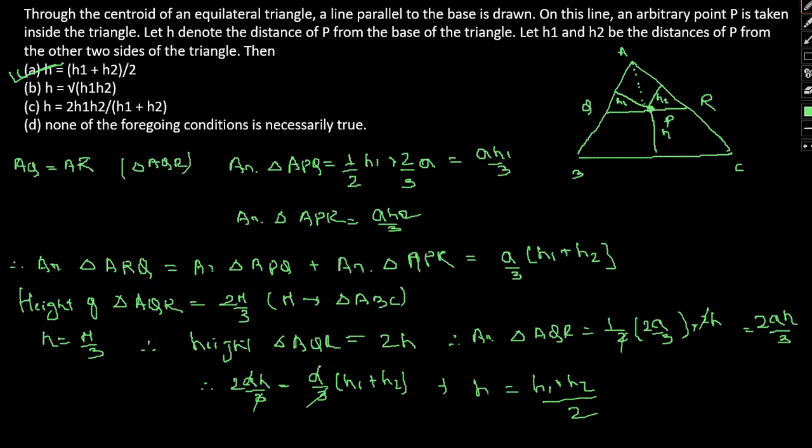So now let's move on to the next question. The second question: in the figure that follows, BD is equal to CD, BE is equal to DE, and AP is equal to PD.